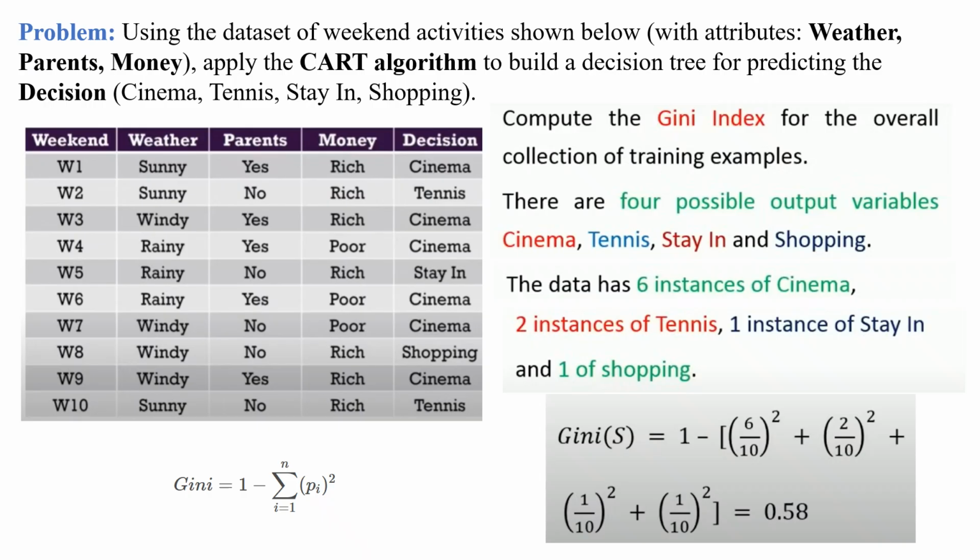The first one is cinema, 6 out of 10, so 6 by 10 the whole square, plus 2 by 10 the whole square for tennis, plus 1 by 10 the whole square for stay in, plus 1 by 10 the whole square for shopping. We find the value is 0.58.